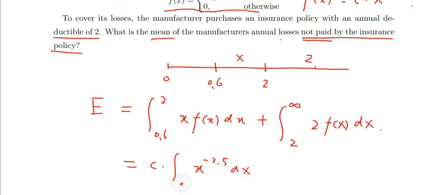So here f(x) from 2 to infinity has the constant c times x to the negative 3.5.